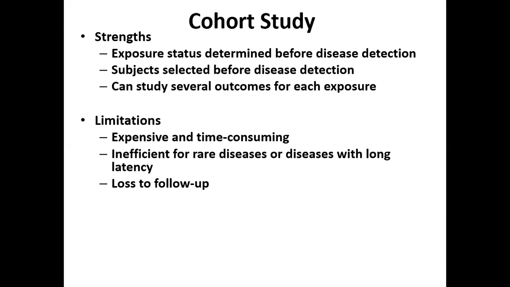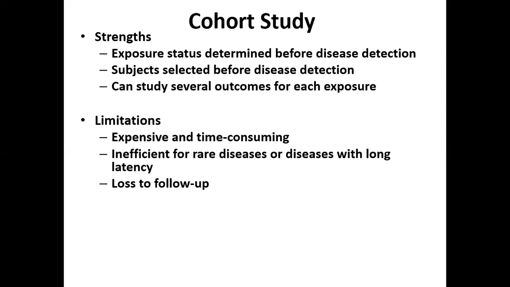Like, for example, it is really expensive to follow all these individuals, and also time consuming because you should follow for enough time to see if the disease will be detected or not. Also, it is not enough for rare diseases.